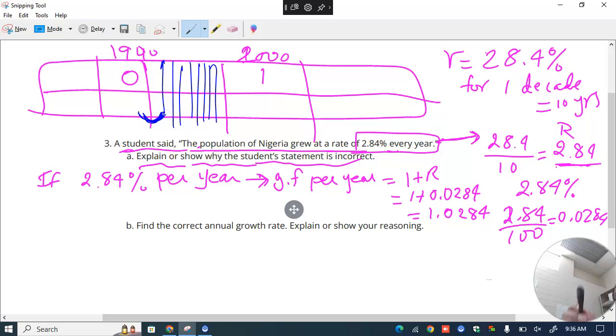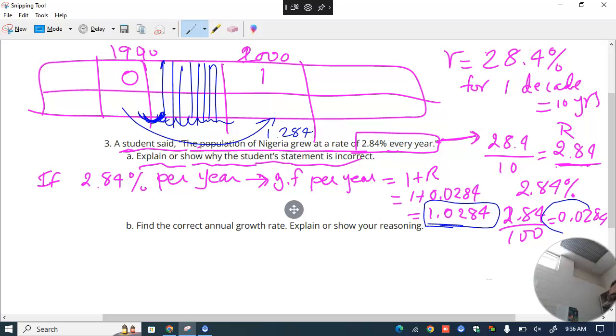In 10 years there are 10 times. If this is the growth factor per year, then do we really get from here to here, which was 1.284? Remember the one that we did, check your table.